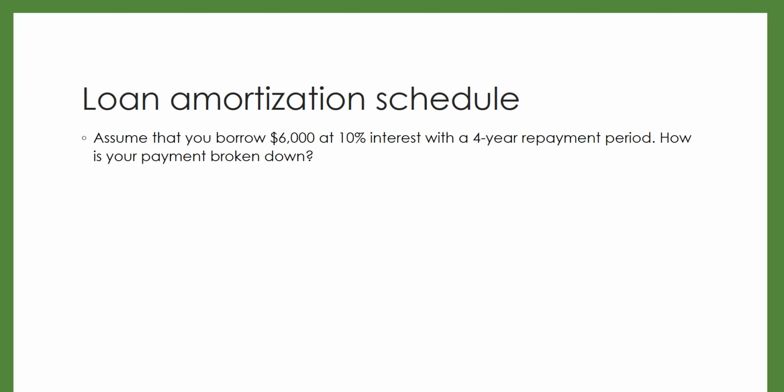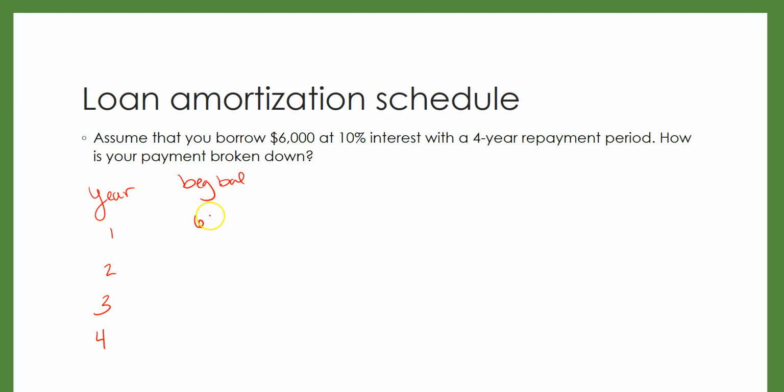So now let's look and see how that breaks down. So let's create a loan amortization schedule. We'll see how that payment, that $1,892, is broken down into the interest and principal components each year. So we have 4 years we're going to look at. We have our beginning balance.